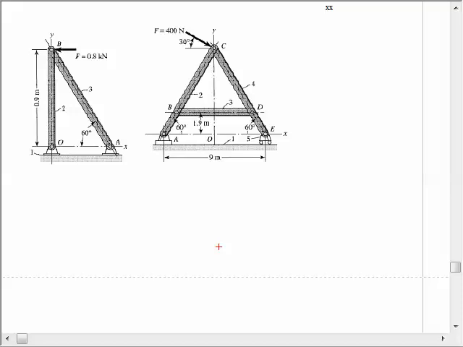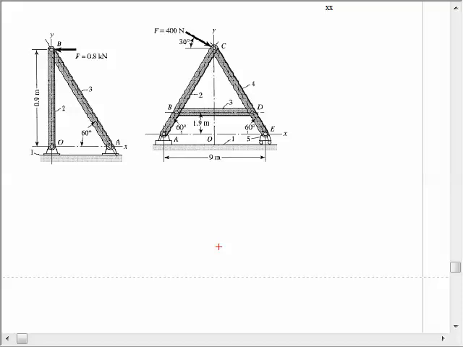Looks very solvable. Saying the same kind of thing for this problem, I've got 3 bodies, 1, 2, 3, which means I can write 9 equations, 3 bodies, 3 equations each, 9 total equations. I would expect to have 9 unknowns, and every pin joint except one in this problem is going to have 2 unknowns. 1, 2, 3.